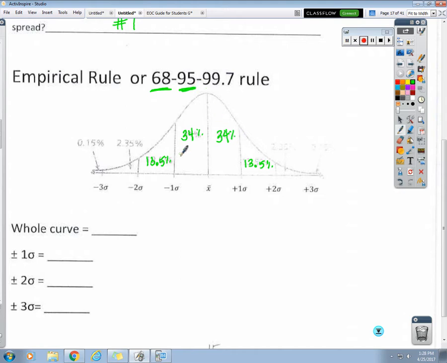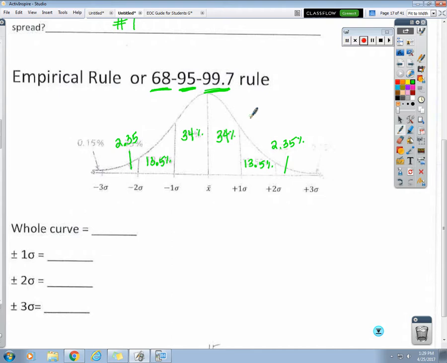So up to 2 below and 2 above are going to add up to 95% of the data. But then you have people that score 2 above and 2 below, and that's 2.35% of the data on both sides. How did I get 95? I added up the 4 sections in the middle. And so now when I add up those 6 sections, what do you think they're going to add up to?